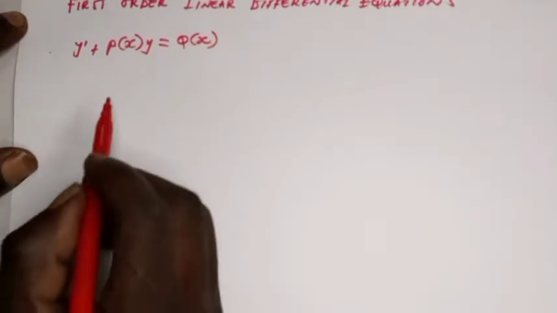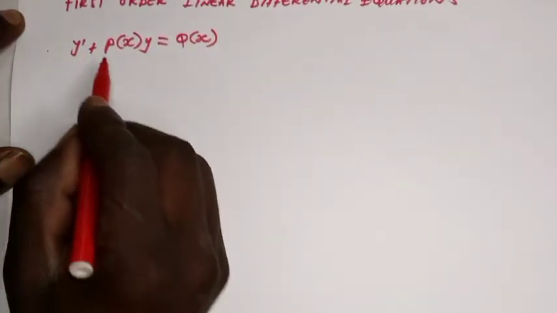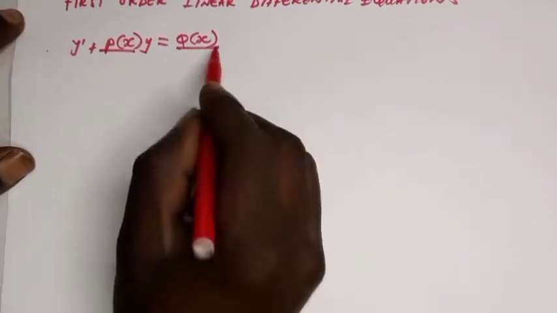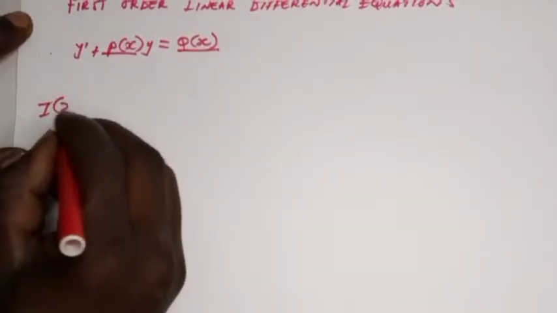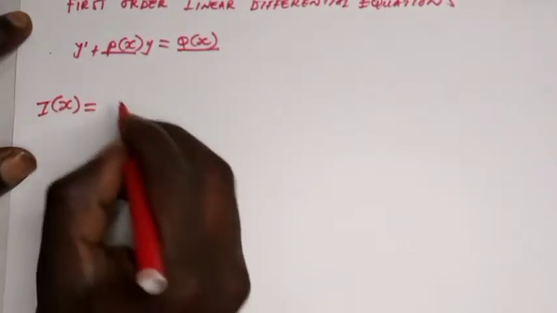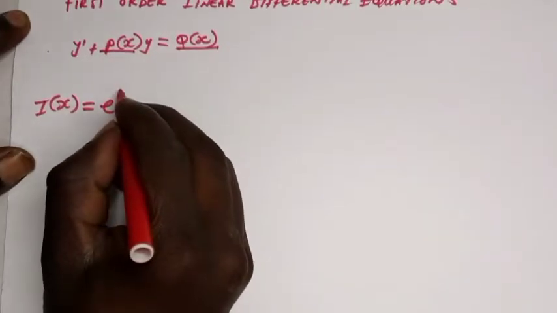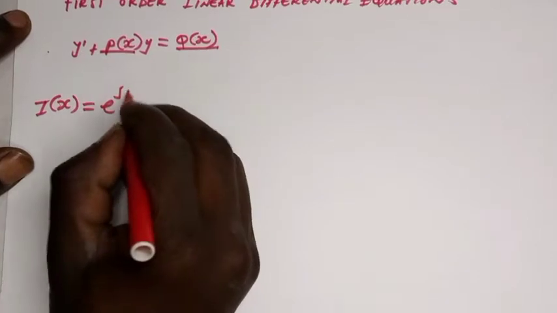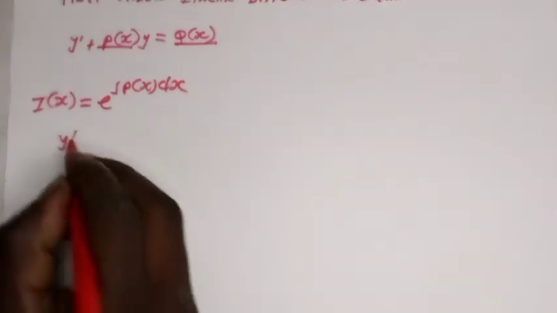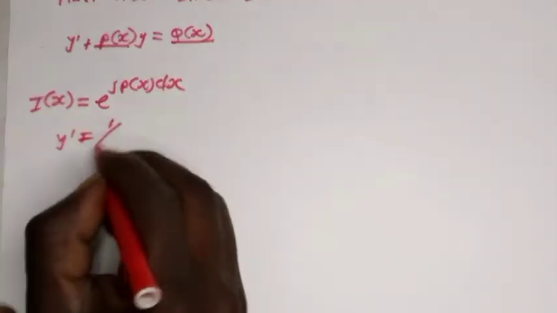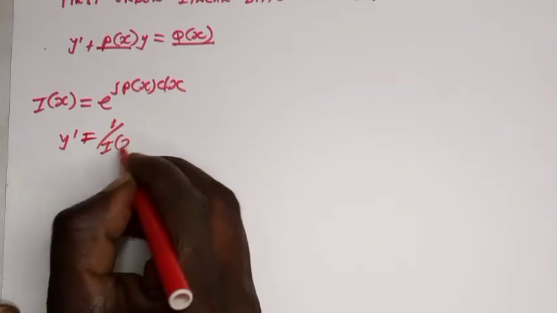The things which must be determined here are p(x) and q(x). Let's proceed. I(x) equals e to the power integral p(x) dx.